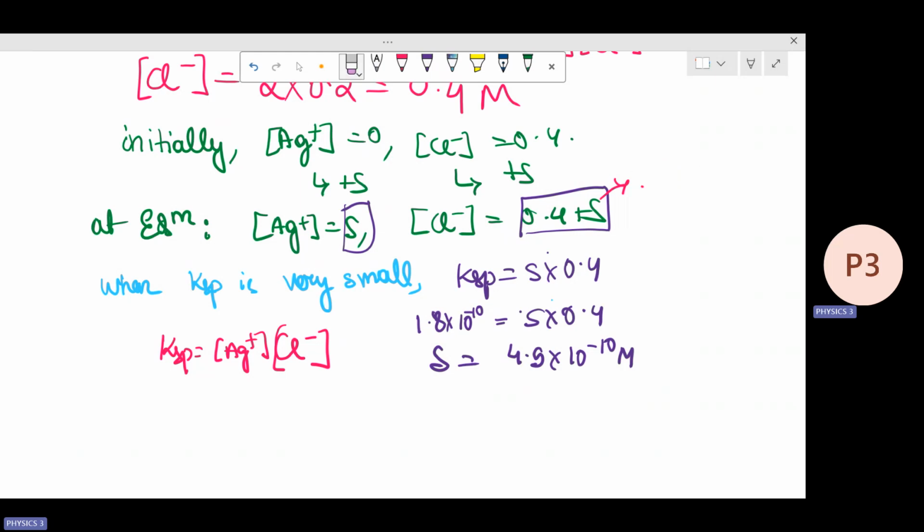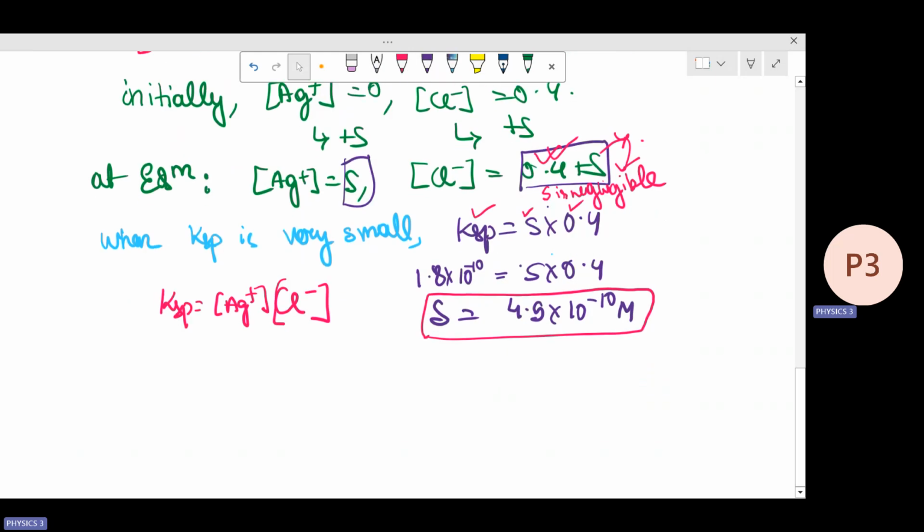What I'm saying over here, S is negligible, and as S is negligible, Ksp for Cl will be directly equal to 0.4. So henceforth we will get Ksp equals S multiplied by 0.4. Overall we will get 1.8 into 10 to the minus 10 equals S into 0.4. Therefore S will be how much? S will be 4.5 into 10 to the minus 10 molar. This is what we are going to get for S.